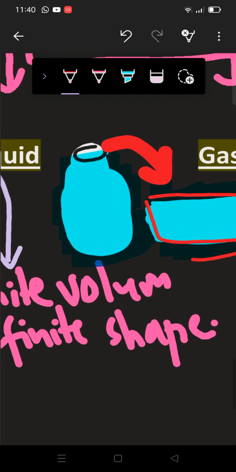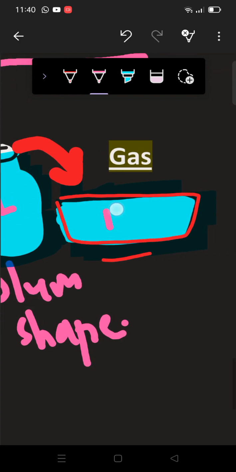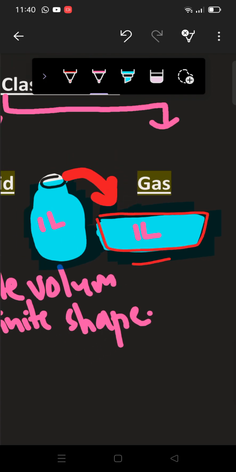Here I will have 1 liter too. This does not mean that if I pour from the water bottle to a dish, it would be reduced or it would go higher. No, of course not. If it is 1 liter, it would be 1 liter in the dish as well, but it would take the shape of the container. So it has indefinite shape but definite volume.